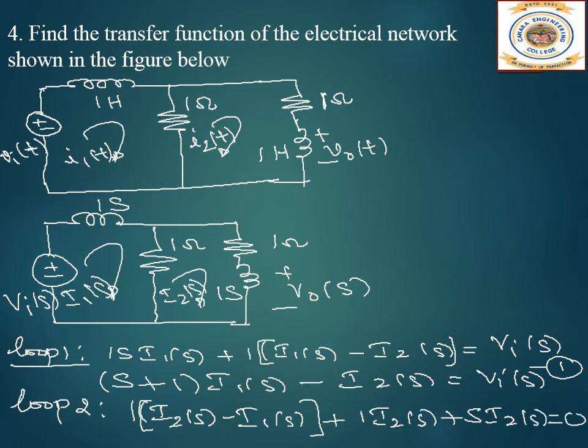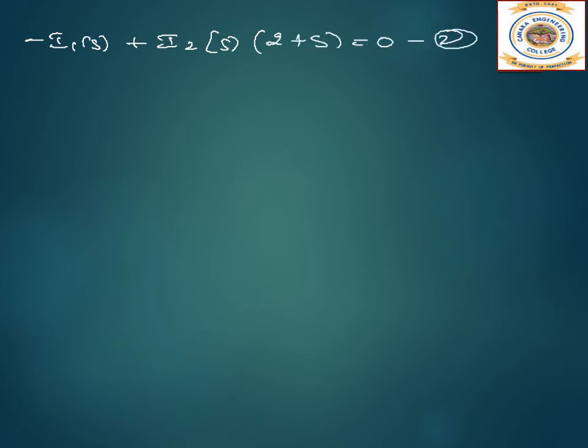Let us simplify this further. Equation 2 I can write as minus I1 of S plus I2 of S into 2 plus S equal to 0. This is equation 2.